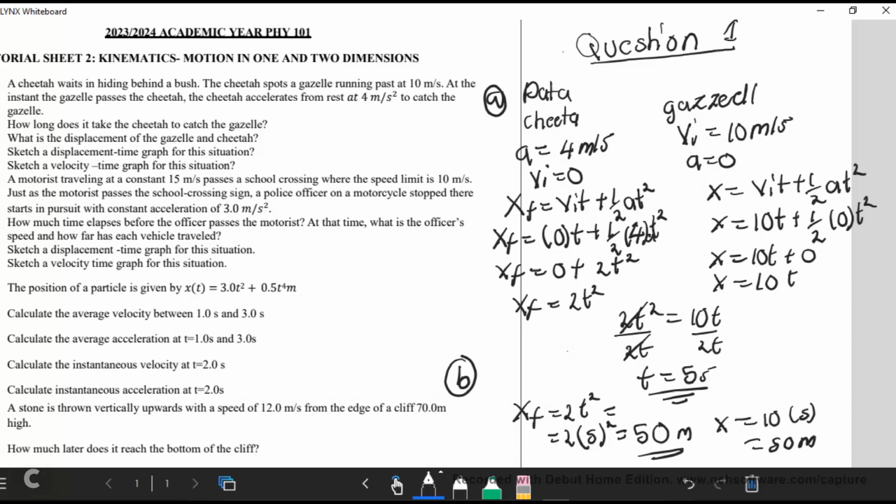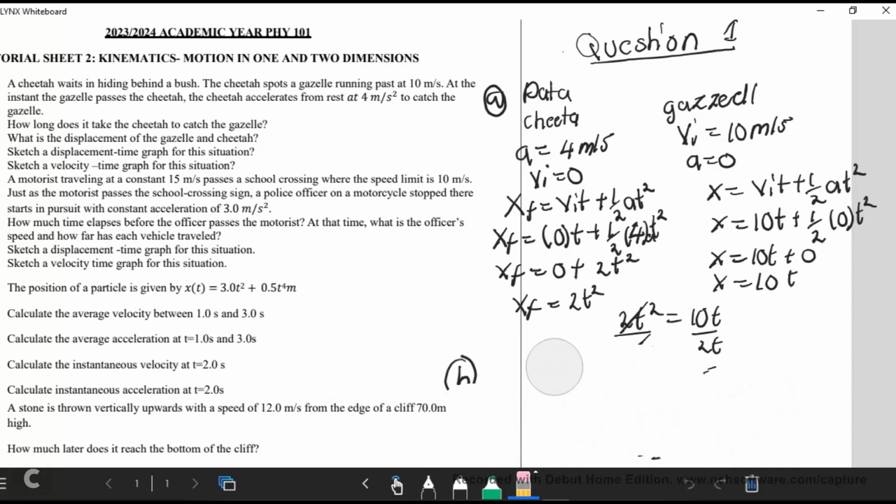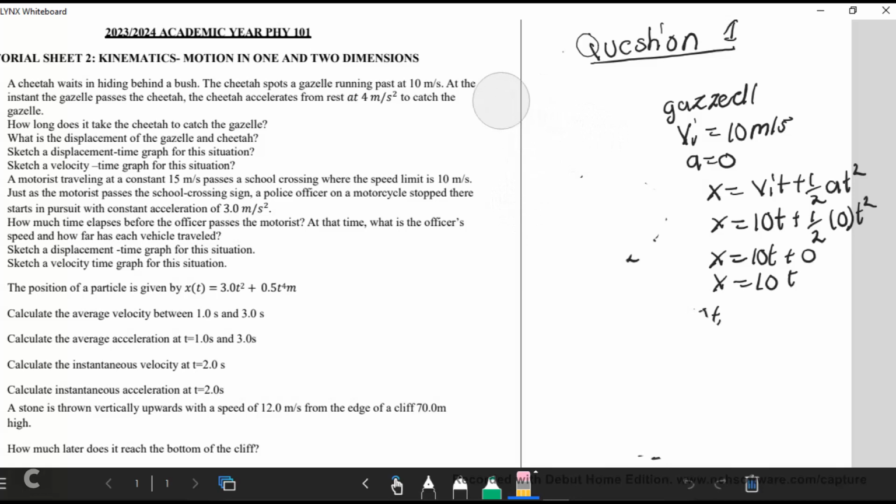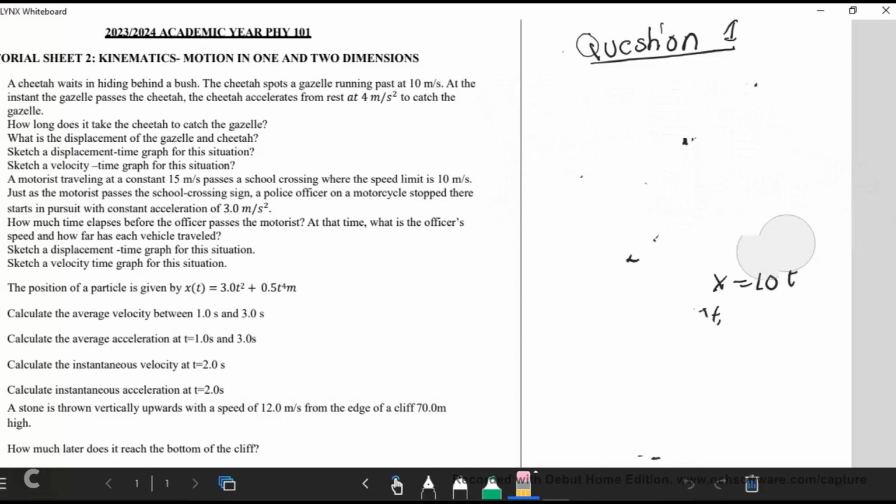So what is the next question? The next question is asking us to find, or rather to draw, which is part C. C says sketch a displacement-time graph for this situation.